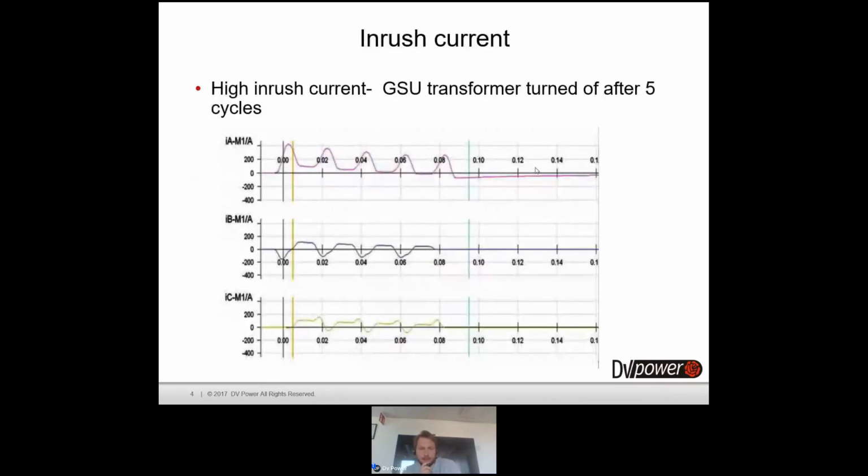This is one interesting example from Ethiopia. Basically, I told you it's normal to have inrush current when you start up a transformer, especially if it is magnetized. Usually it happens in one or two cycles, but in that case, it happened even after 5 cycles.